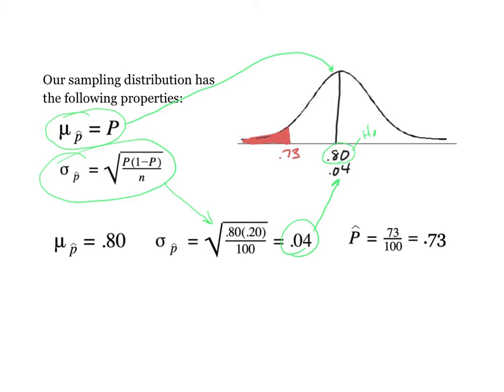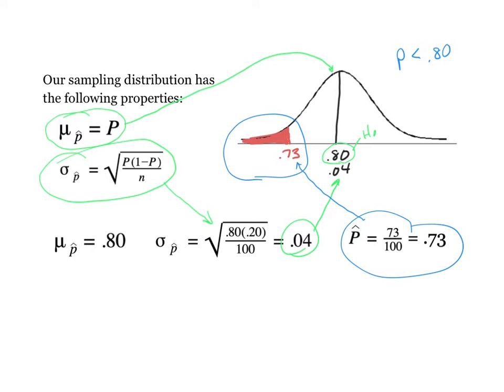Now what we do is we take our sample proportion, our p hat that we took, and we see where does that sit in this distribution? Since the alternate was p is less than 80%, we put the 73% on the left, and then notice we shade to the left of that 73%.